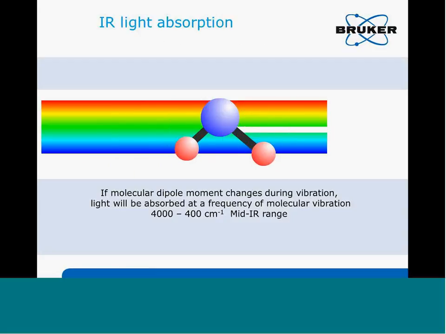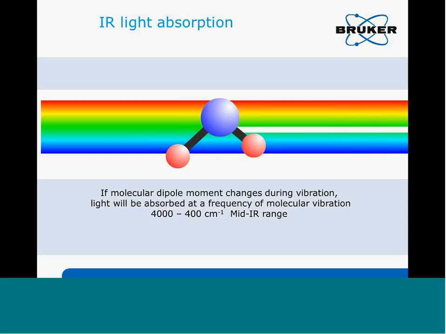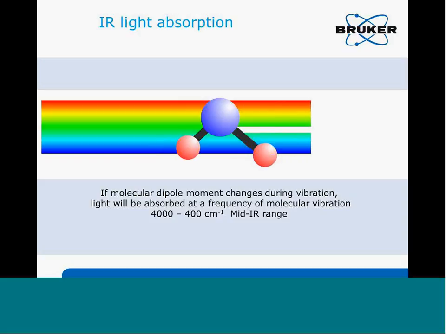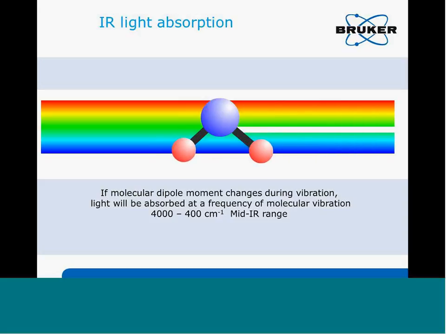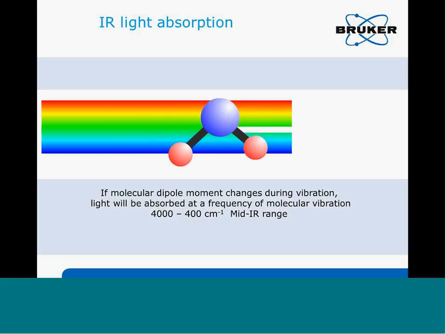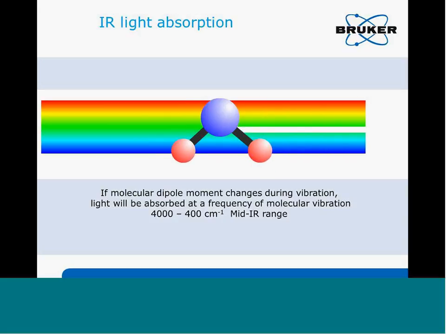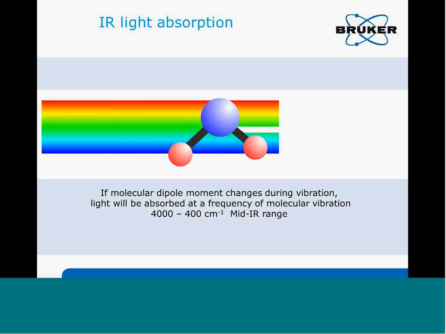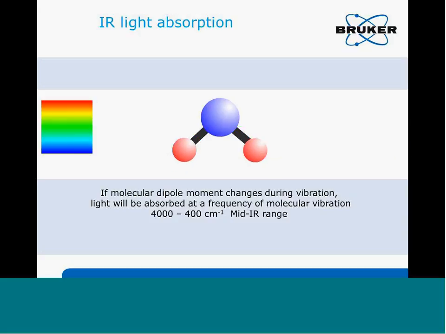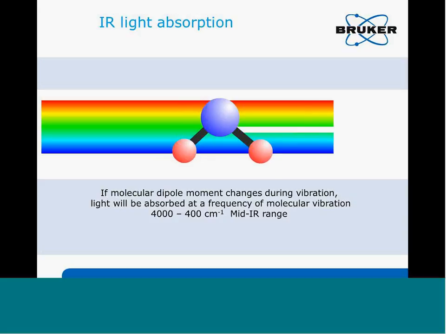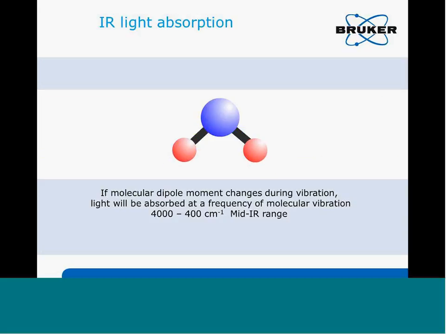Well, if molecules have a dipole moment, and if the dipole moment changes during vibration, the molecule will absorb radiation at the frequency of this vibration. From the previous slide, we know that molecules vibrate from 4,000 to 400 wave numbers. If the dipole moment changes during vibration, the molecule will absorb light at that frequency.